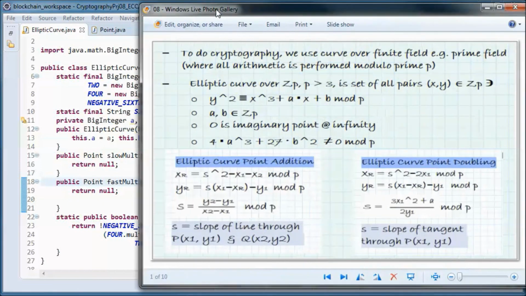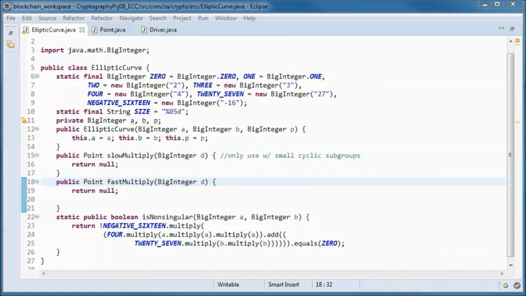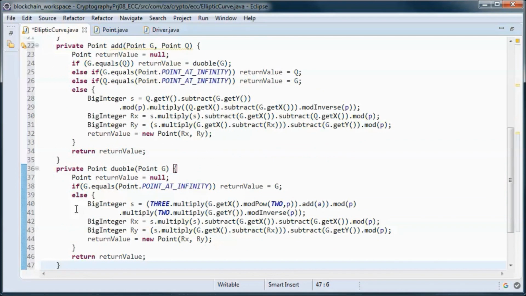Now those are the equations for point addition and point doubling. So this is slope, and this is xr and yr in both cases. And those two methods implement those equations.